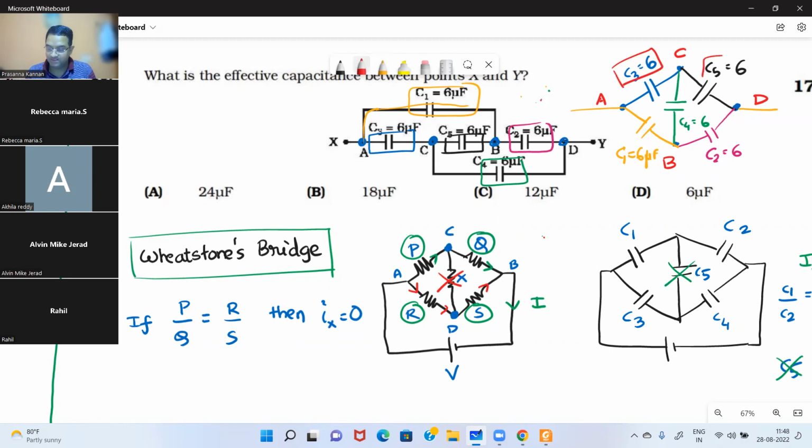C3 by C5 must be equal to what in this case? C1 divided by C2, correct? But is it true or not? 6 by 6 is equal to 6 by 6, correct? Yes, sir. Therefore, which capacitor can I remove?